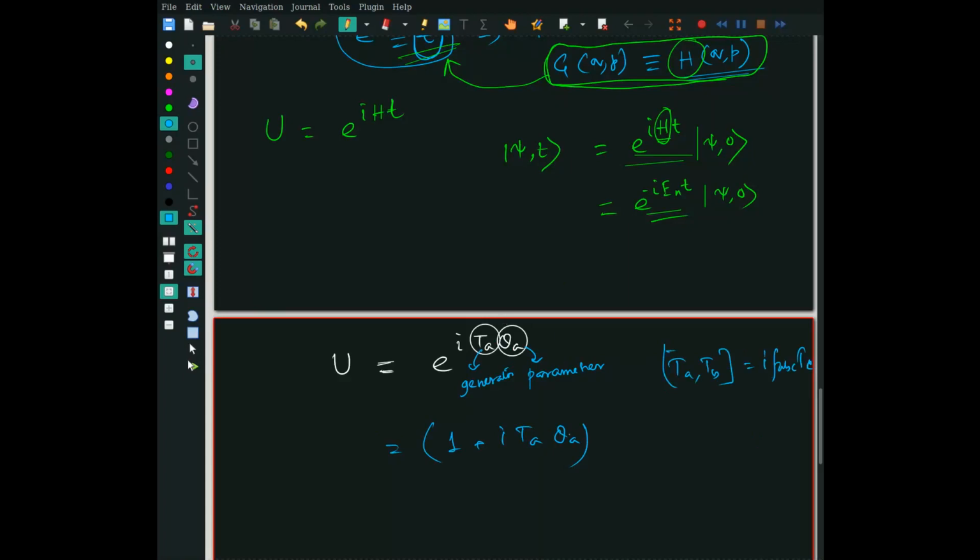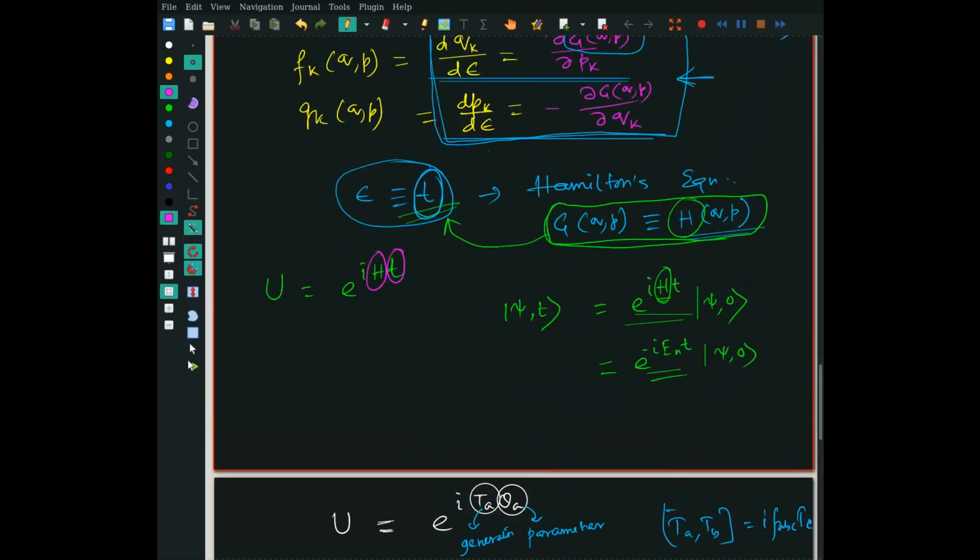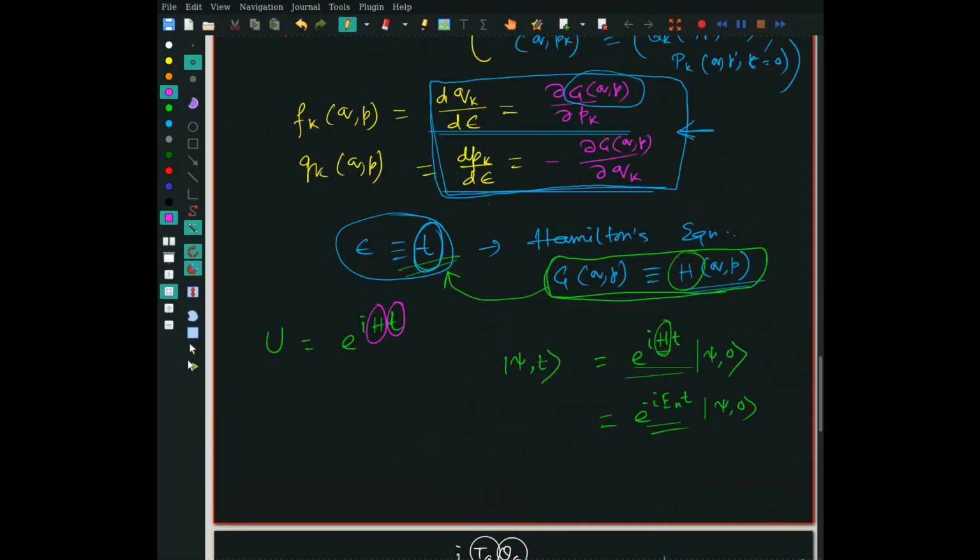But notice this thing: the group transformation parameter is accompanied by the generator. Here is my transformation parameter t, and here is my generator H. By the same token, that's why I call H the generator of my time parameter.